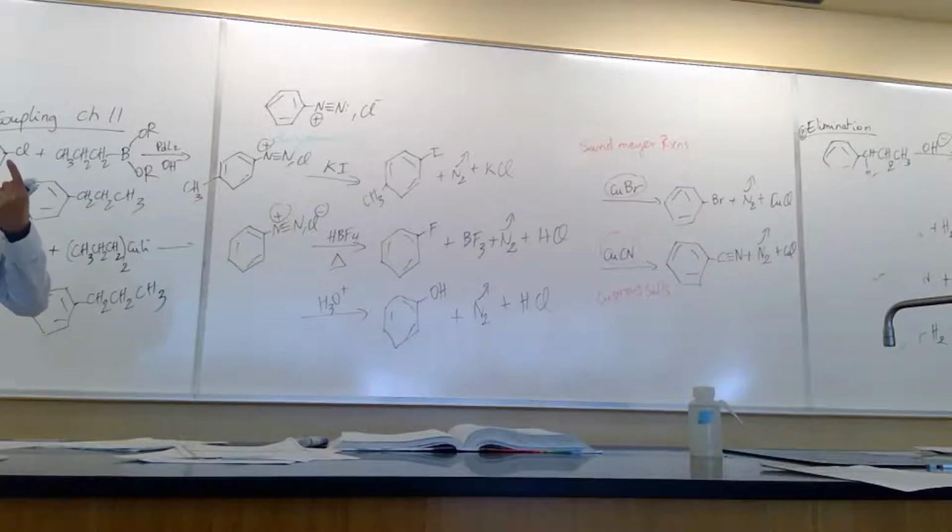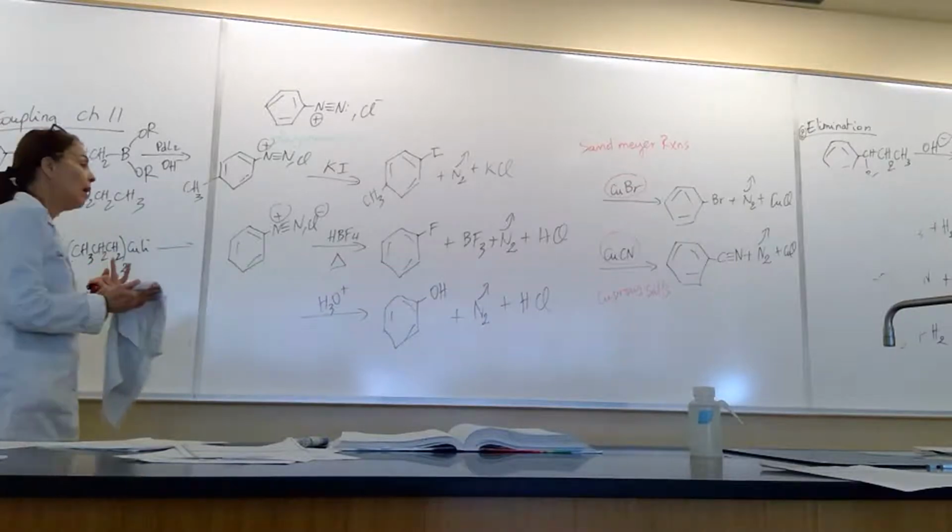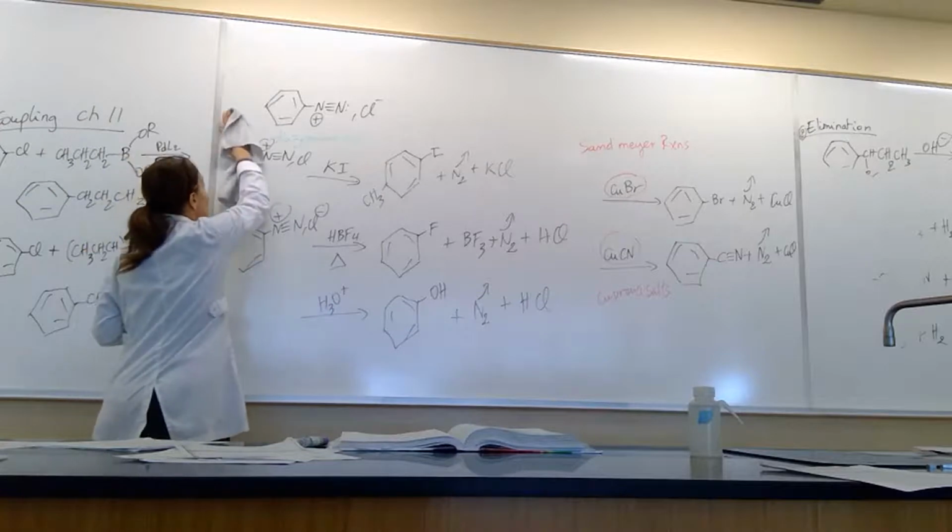So not only do we need to know how to put a substituent on the benzene ring, but then can we add a second substituent, a third substituent? And where would these substituents end up? So that's the second part of this chapter: to understand how to add a second substituent, and where that substituent would land, in what position.